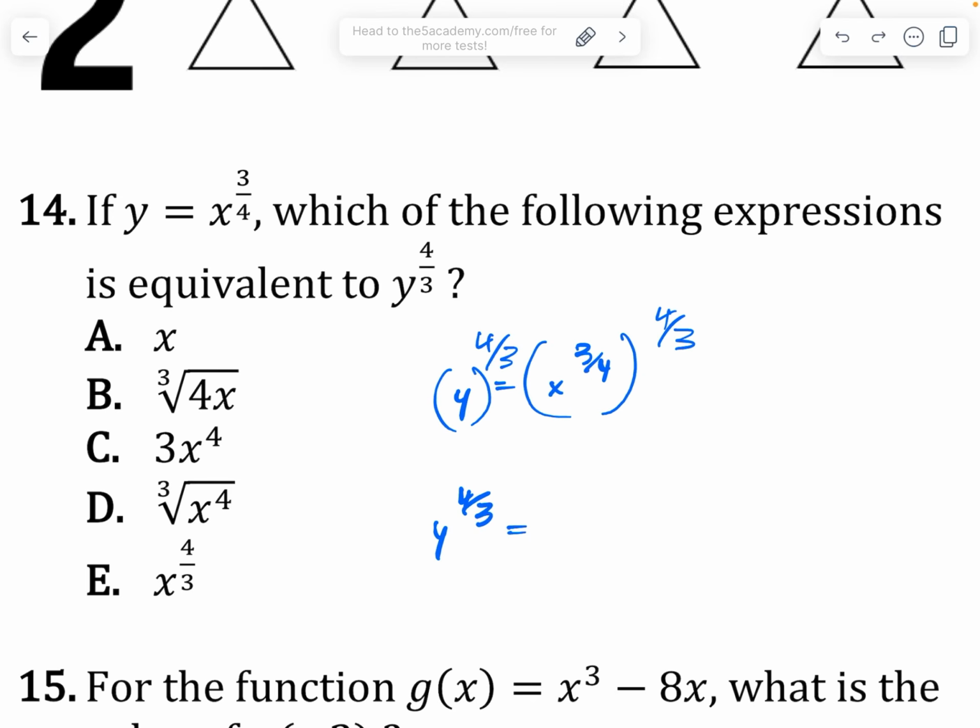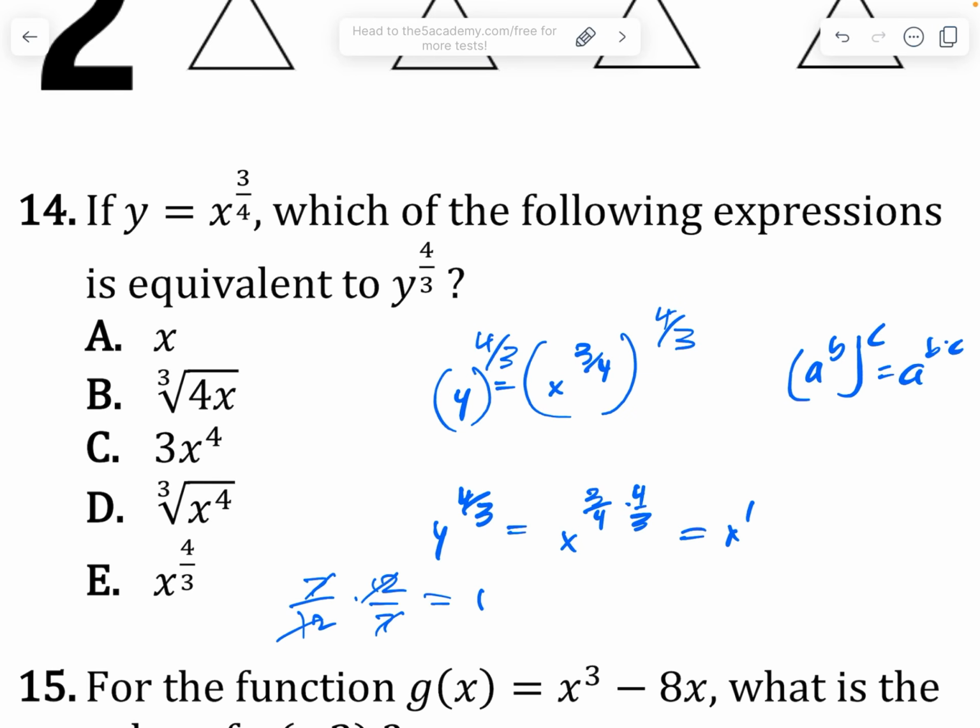You might remember that one of the exponent rules is a to the b all to the c is equal to a to the b times c. Okay, so it's going to be x to the 3 over 4 times 4 over 3, which is equal to x to the 1. If you multiply a fraction by its reciprocal, you end up getting 1. So like 7 over 12 times 12 over 7 is equal to 1.